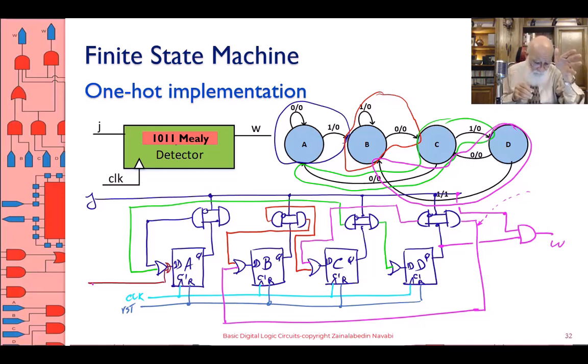And that OR gate, if I put a 1 on the init at the startup, initialization, and I clock the circuit, there is a 1 that goes into A. But then I want to make sure that the rest of them become 0, and therefore I put AND gates for the rest.